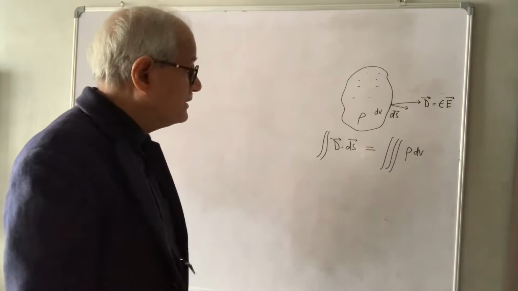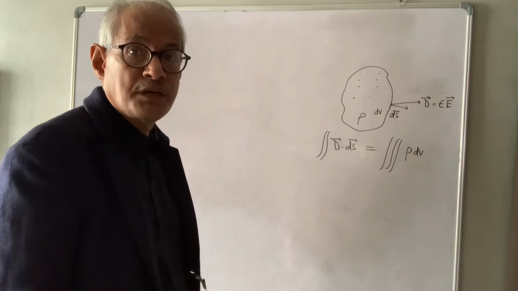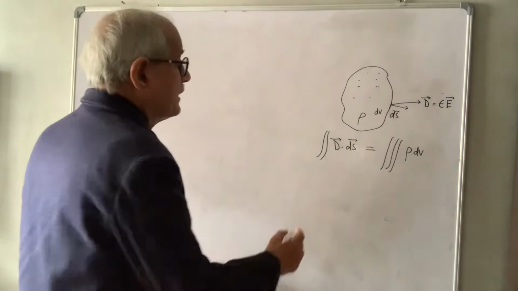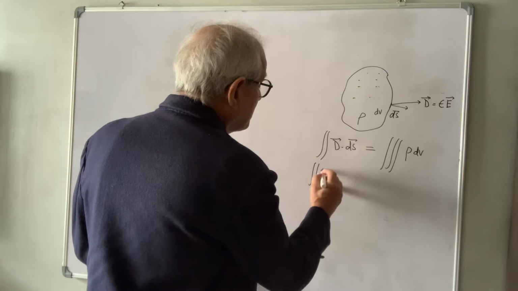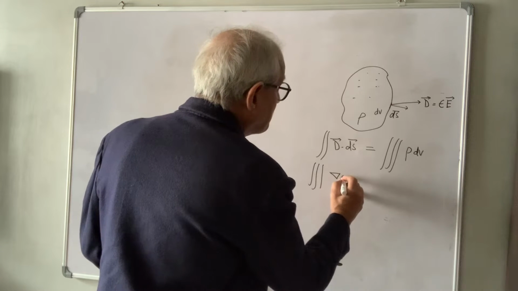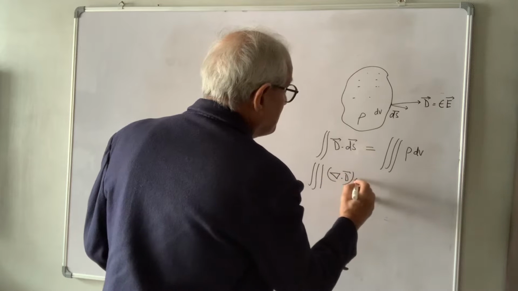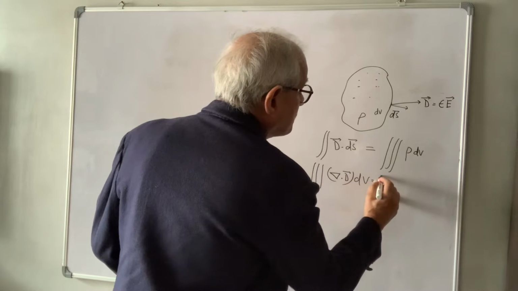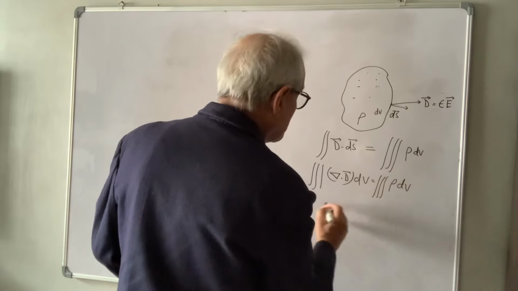Now for converting this from the integral form to the differential form, we use the divergence theorem. By the divergence theorem, the surface integral can be written as a volume integral of divergence of D dV, which is equal to the volume integral of rho dV.